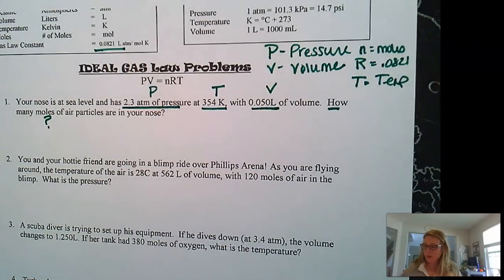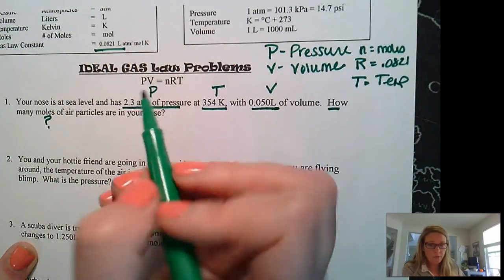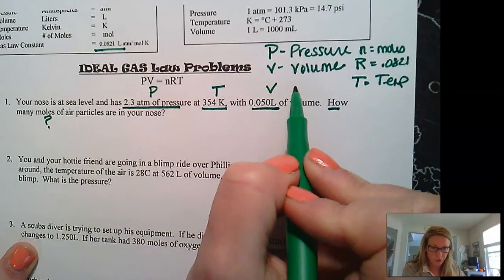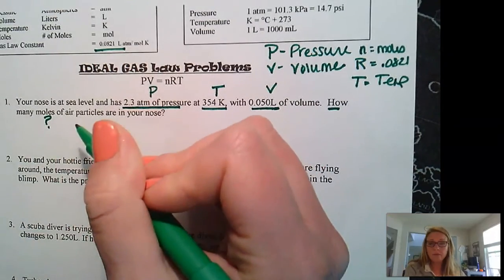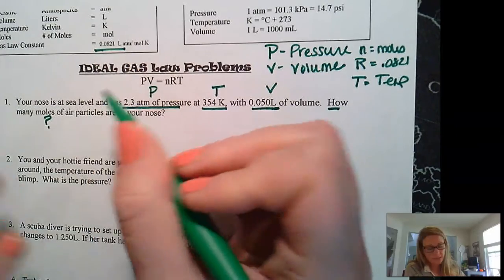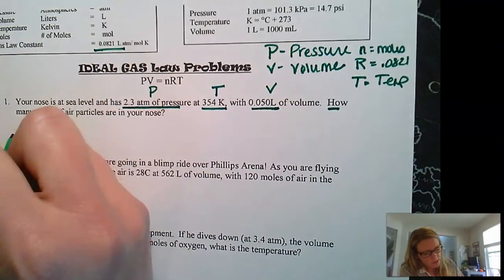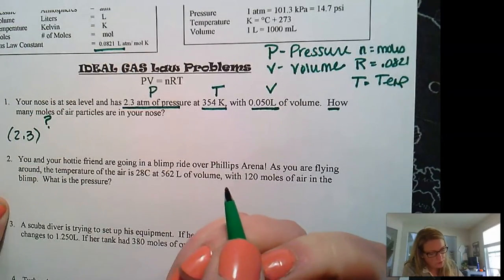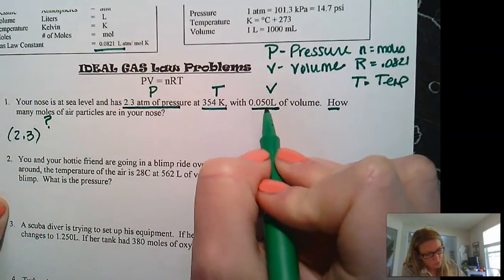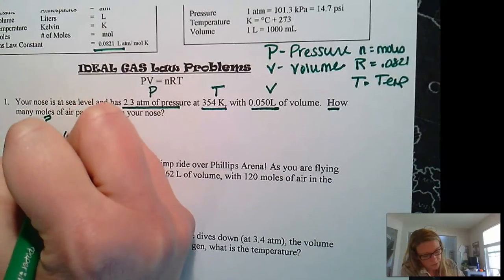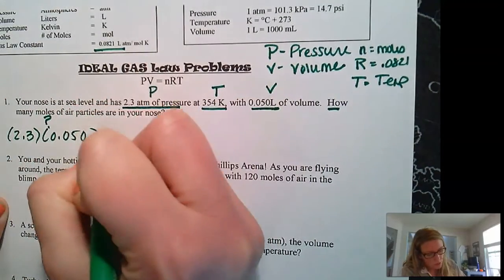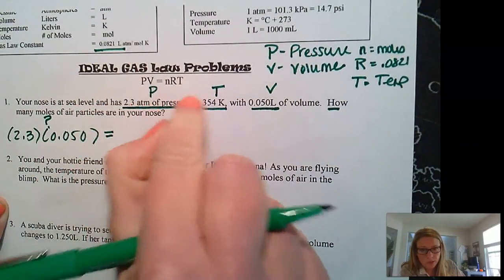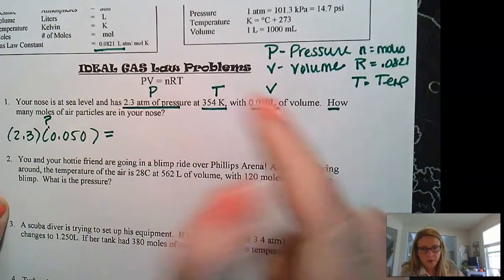Now what we're going to do is look at plugging this in. Obviously we've got pressure, temperature, and volume, and the question says moles. If it ever says moles, it's an ideal gas law problem. So let's solve for that. P first is 2.3 atmospheres times volume is 0.050 equals, make sure you're keeping them in the right order, don't just go through the problem, equals n, and it says how many moles.